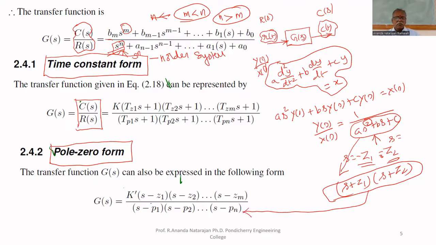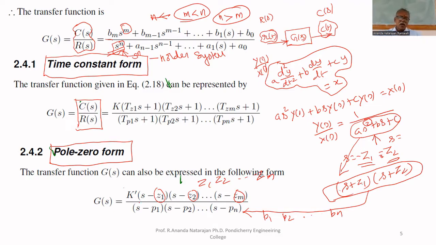So P1, P2, P3, etc., Pn or Z1, Z2, Z3, etc., Zm. Numerator roots are called Z1, Z2, etc., Zm. Denominator roots are called P1, P2, etc., Pn. If S equal to minus Z1, then you will get S plus Z1, S plus Z2.